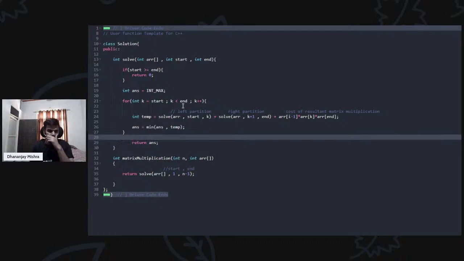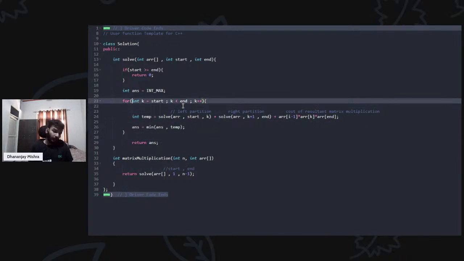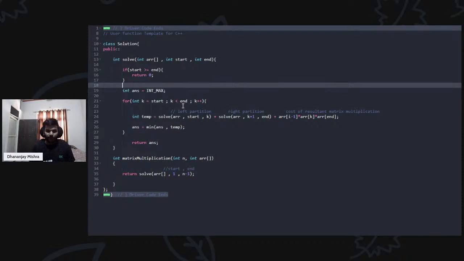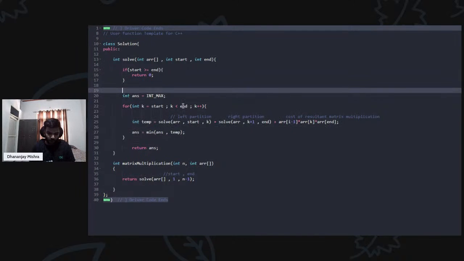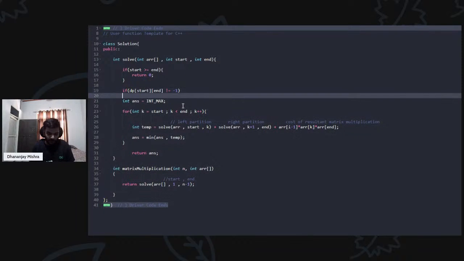That's the recursive function. Now, as we said, there are a few changes in the lines we have to make to turn it into DP code. So what was that? First, before computing or reaching the state, we'll check whether the answer is computed for that range or not. If dp is not equal to -1, then we will return.